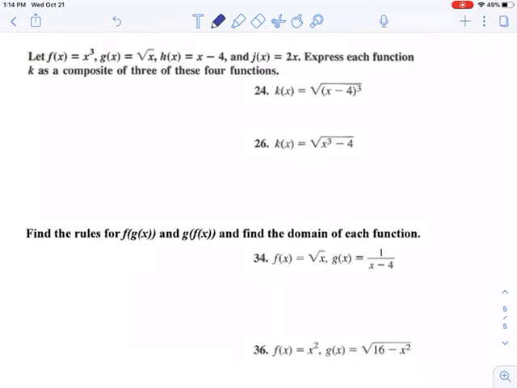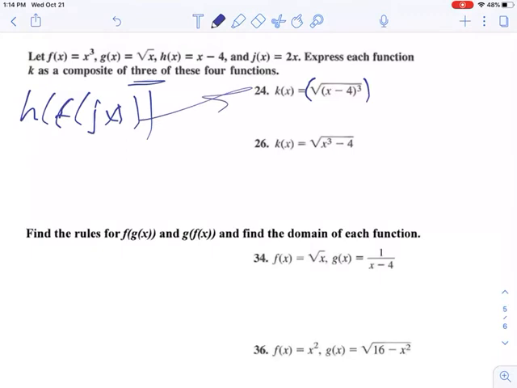All right, express as a composition of the 3. Okay, so what we want to do is break this apart into a composition of functions. We want to get something like h of f, and that says 3. H of f of j of x, or something like that, so that it would equal that.